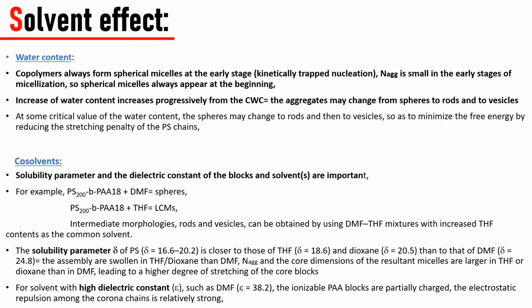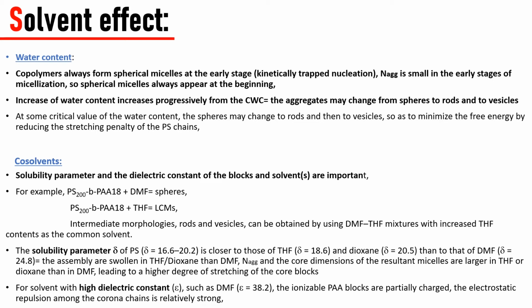In other words, when the solubility parameters are close, the nanoparticle is swollen. This is why the nanoparticle is swollen in THF or dioxane, but it's much smaller in DMF. The aggregation number and the core dimension of the resultant micelles are larger in THF or dioxane than in DMF, leading to a higher degree of stretching of the core blocks.